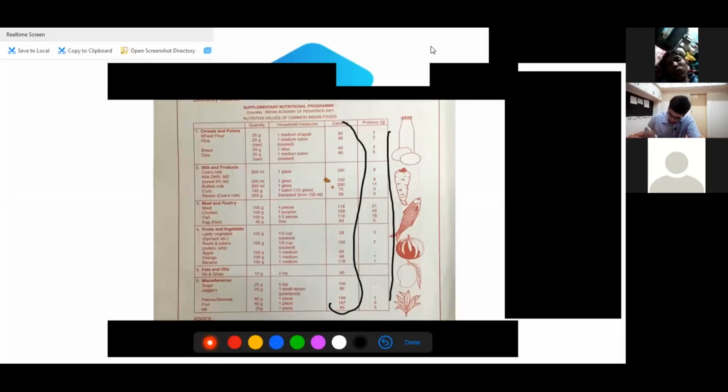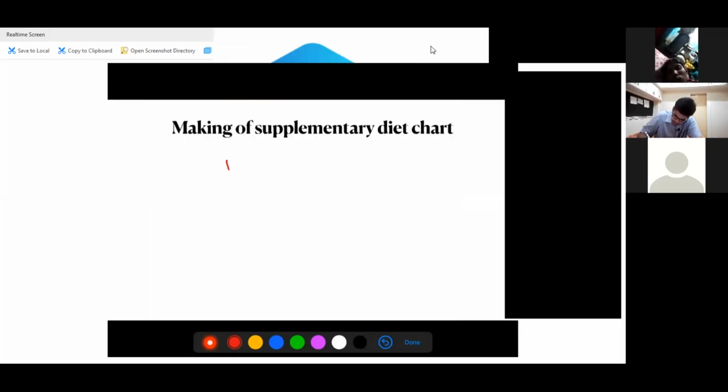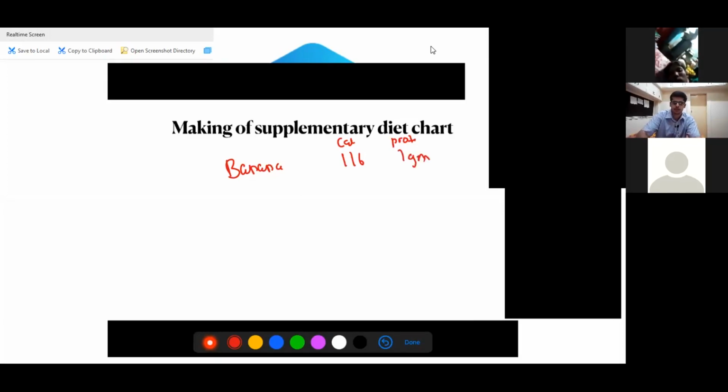For example, take one banana. After you take a banana, it has 116 calories according to the chart and 1 gram protein. How much do we want? Someone has messaged, we'll just check.